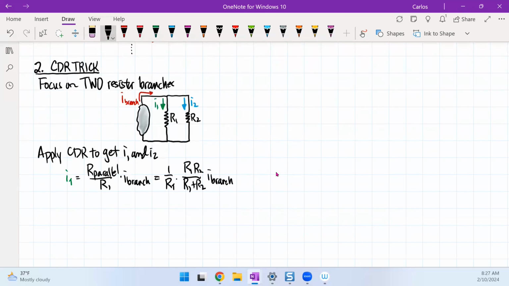The first thing that you note here is that there is a cancellation between this R1 and that R1. So in other words, I get R2 over R1 plus R2 times I branch. And this here is going to give me my current I1.